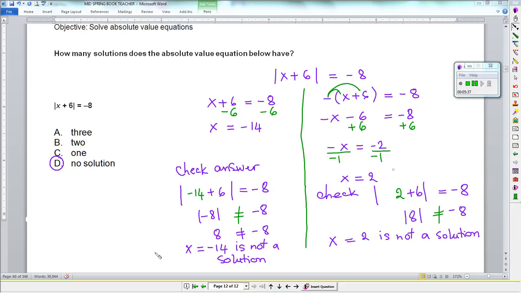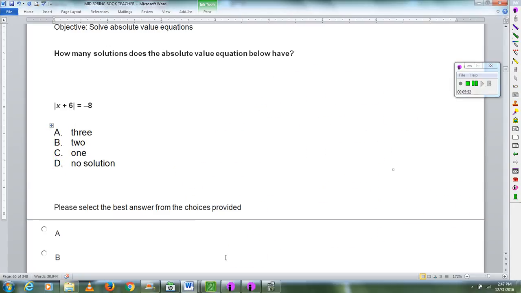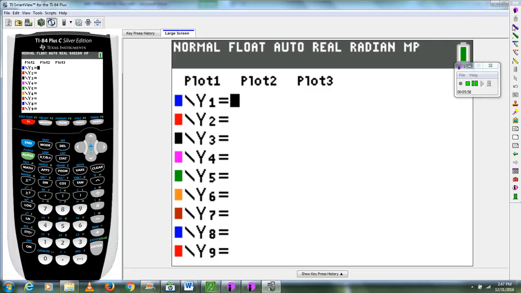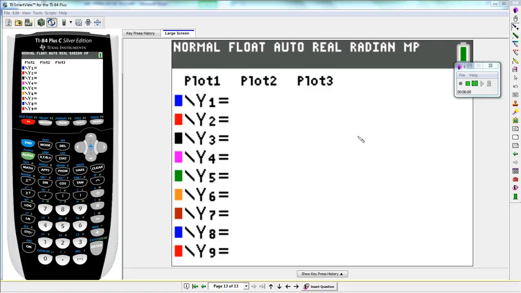You also can graph to check it. Let's go to the graphing calculator. Again, we are trying to solve the equation absolute value of x plus 6 equals negative 8.